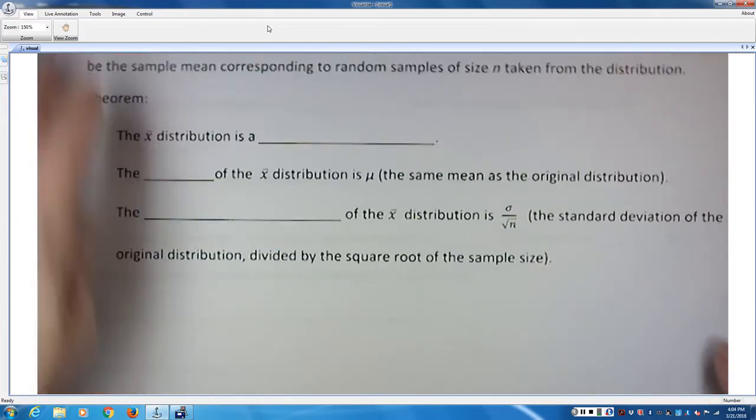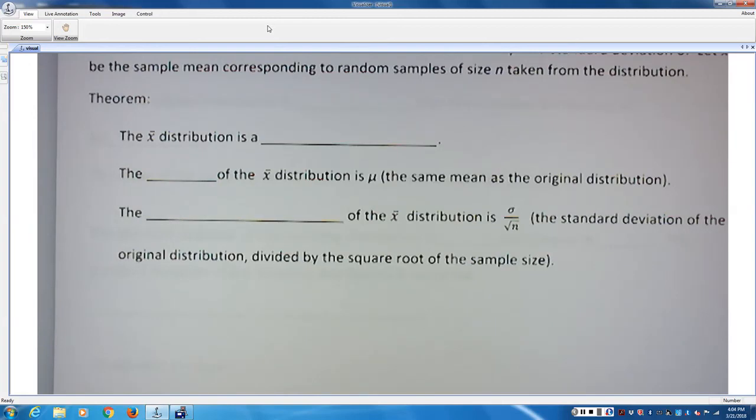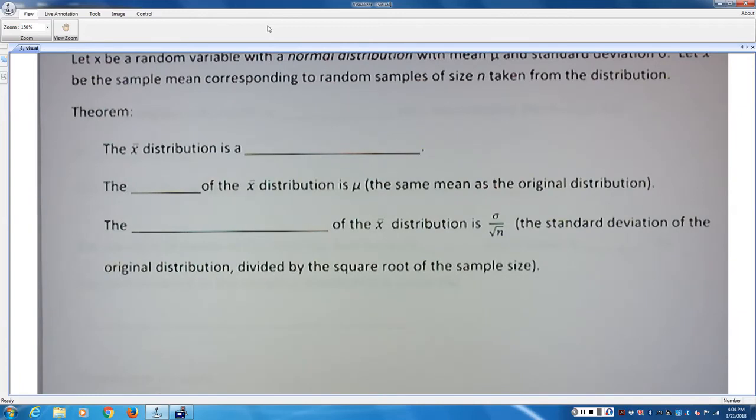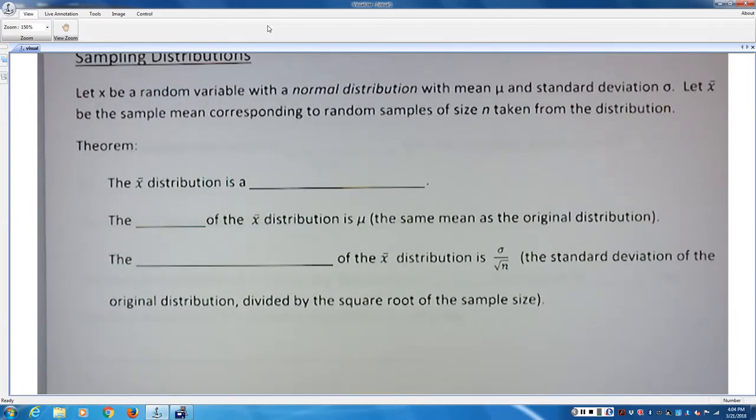So now we're going to talk about something called sampling distributions. Let x be a variable with a normal distribution, and the mean is mu, and the standard deviation is sigma. We're going to let x bar be a sample mean.